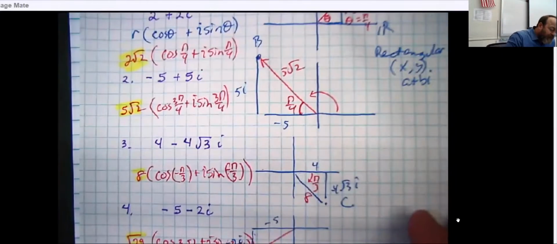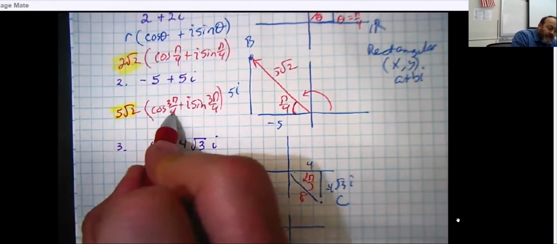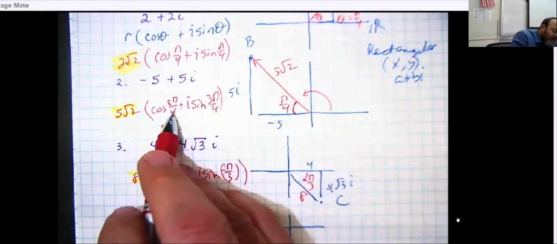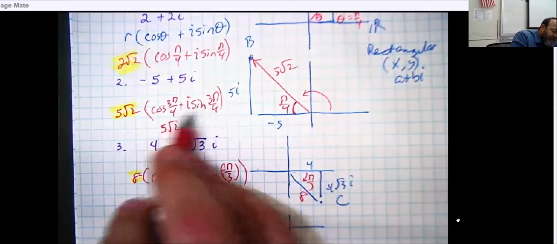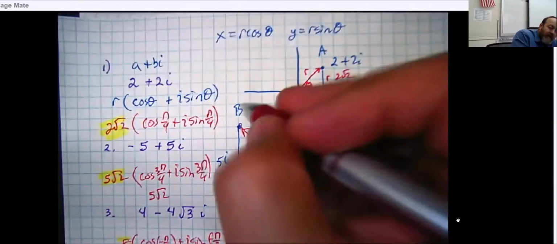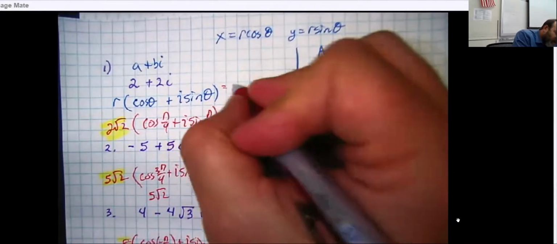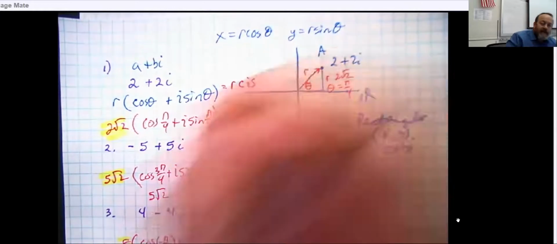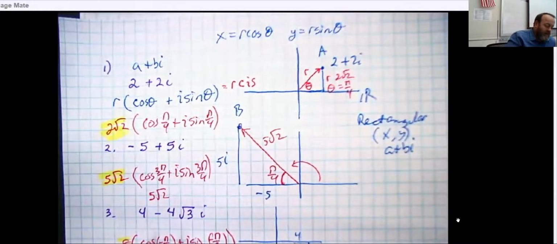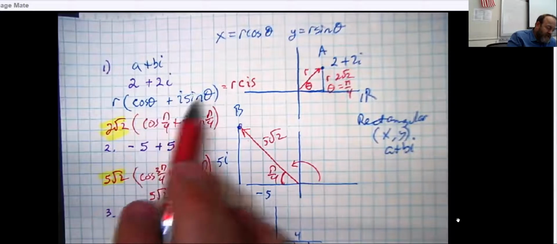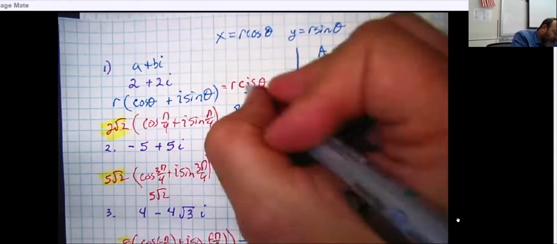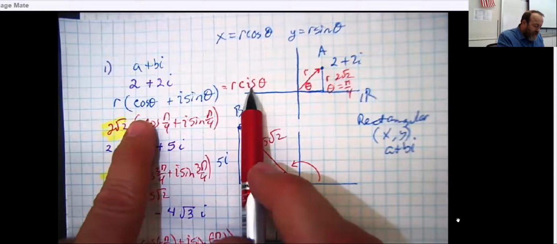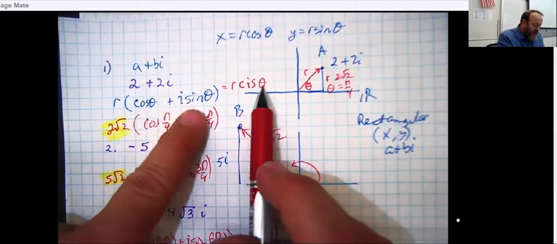Since we always keep doing the same stuff the same way, they have instituted a brand new notation that is equivalent to this, which is r cis theta. And it's kind of clear that the c stands for cosine and the is stands for i sine theta.